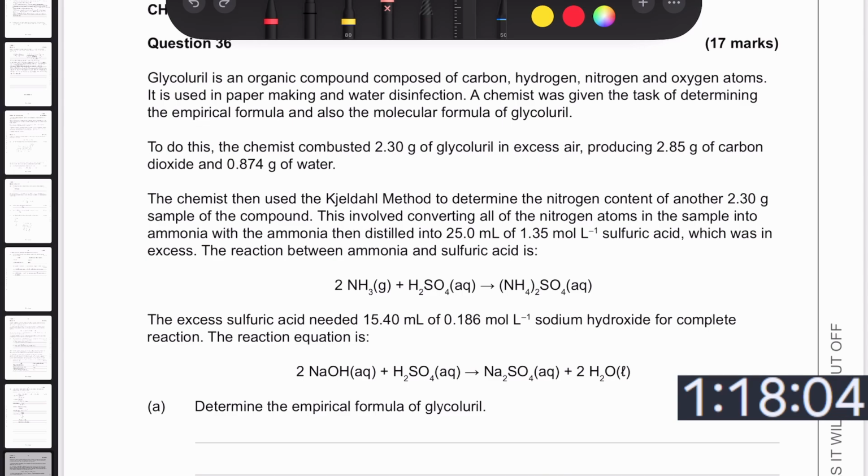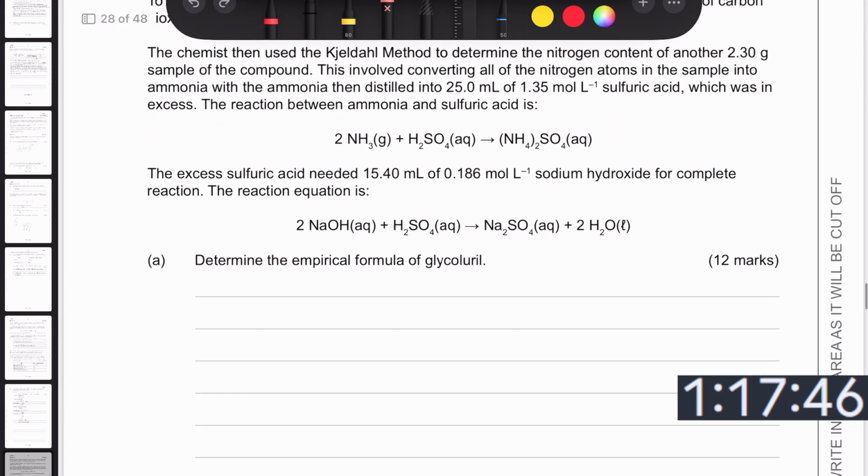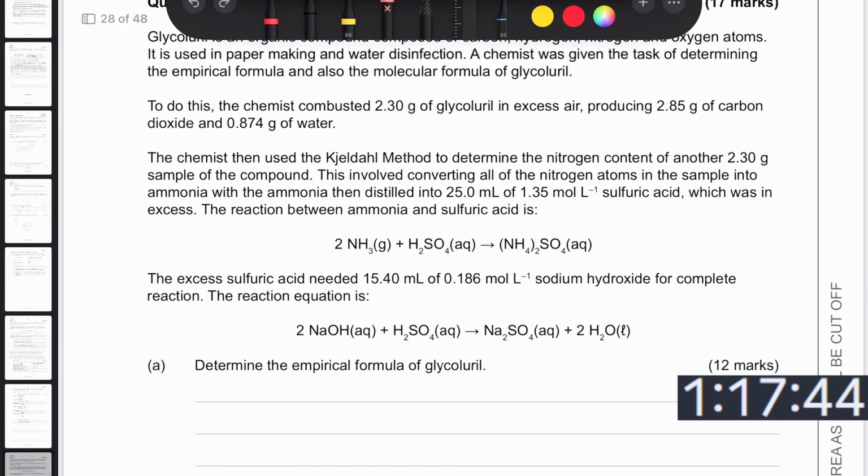We're converting all of the nitrogen atoms in the sample into ammonia, with the ammonia then distilled into excess sulfuric acid, reaction between ammonia and excess sulfuric acid, and 15 to complete the reaction. What the heck is happening?